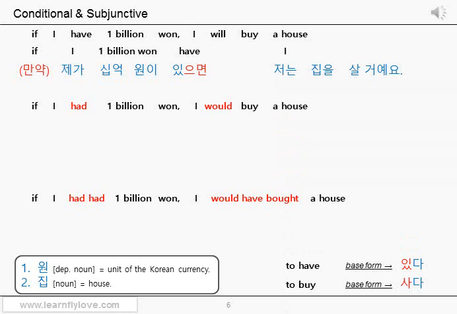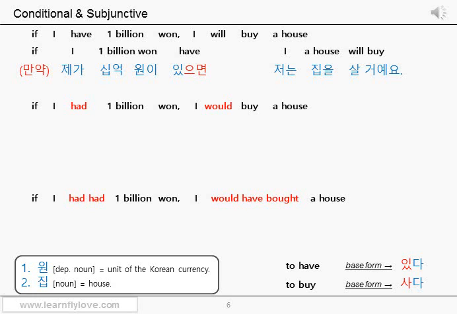저는, I. The auxiliary particle 는 here can provide a nuance of comparing. I don't know what others would do, but as for me, 저는 집을, a house, 살 거예요, will buy. We used 을 거예요.